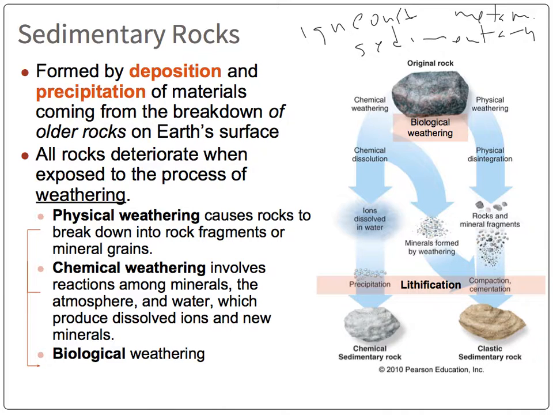And then we clearly have different kinds of weathering to go through. And then once those sediments are produced and moved around the environment, then we have to talk about the processes that essentially glue the rocks back together.